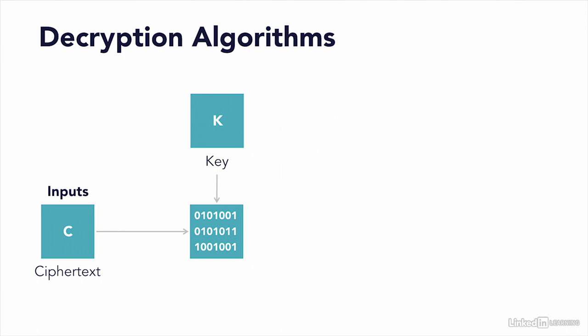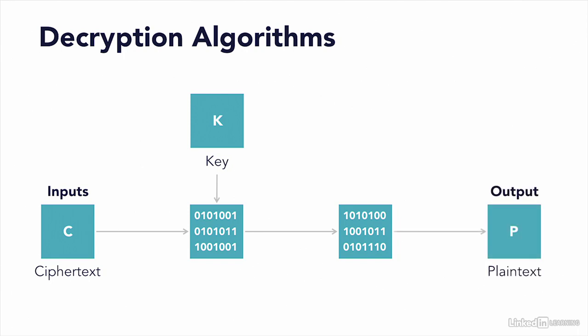These steps reverse the encryption process and restore the original data. It's important to know that you can't decrypt a message without access to the appropriate decryption key. Protecting the secrecy of the decryption key preserves the security of the encrypted data. The output of the decryption process is that plain text data, and that's how encryption works.